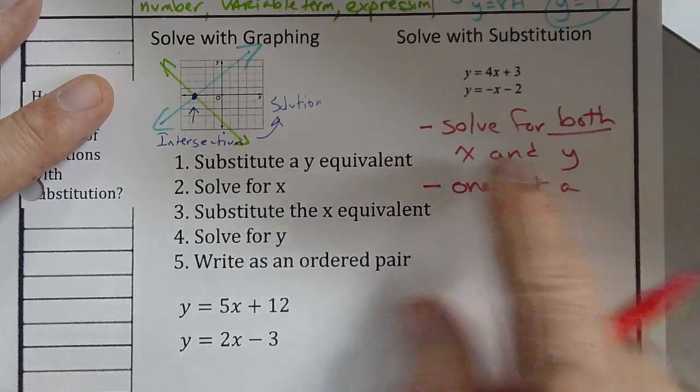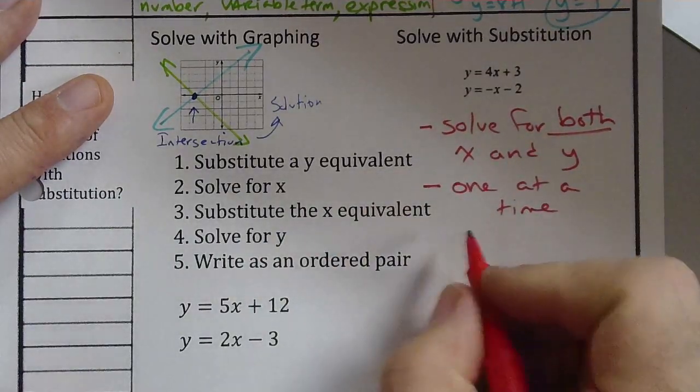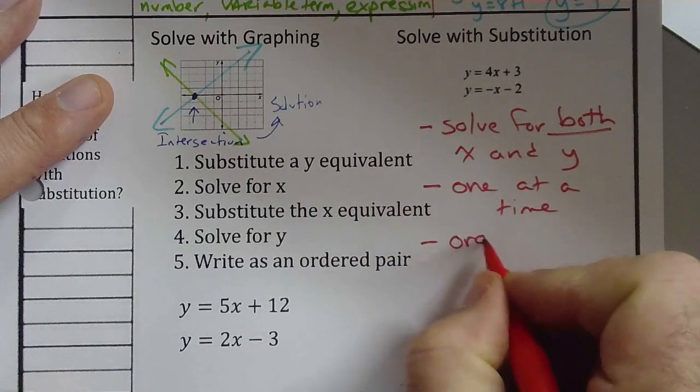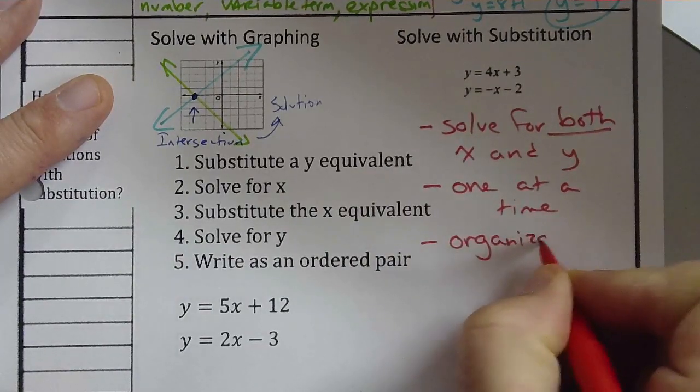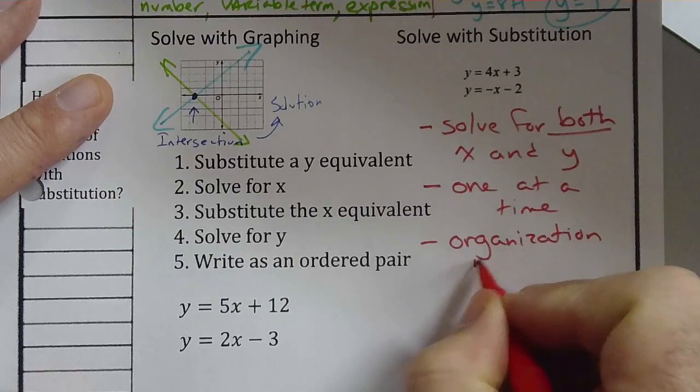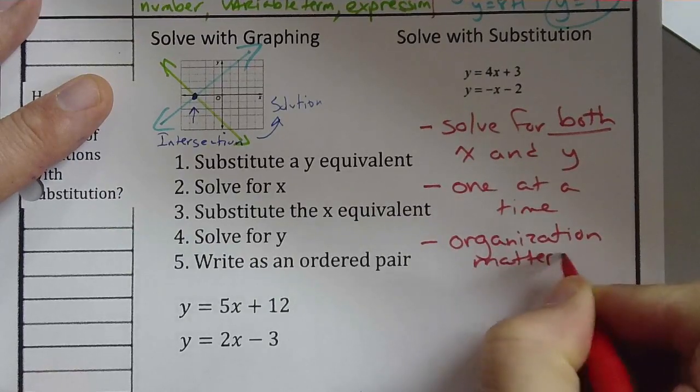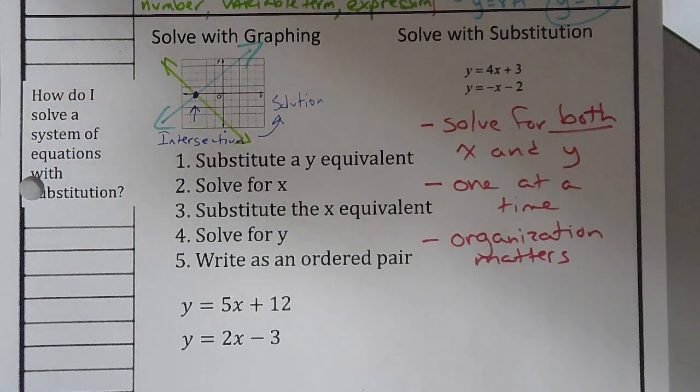Lastly, a reminder: your organization is so important here. Be able to read what you wrote. Keep track of where you are on your paper. Know what you're doing so that you can go back and see what you've done and then be able to derive a solution.